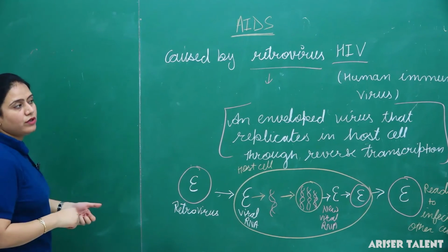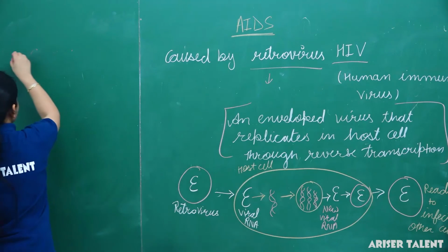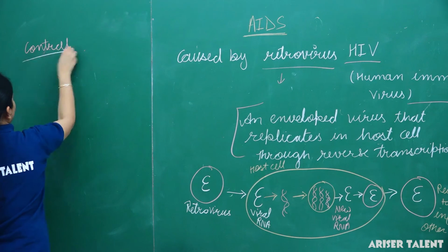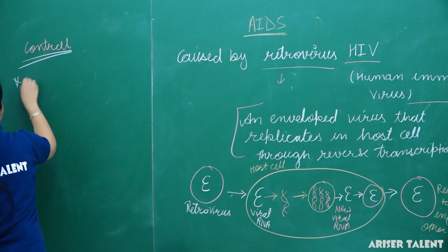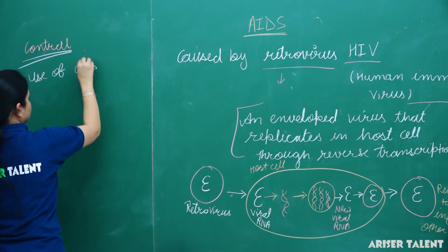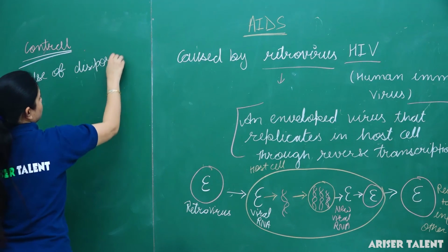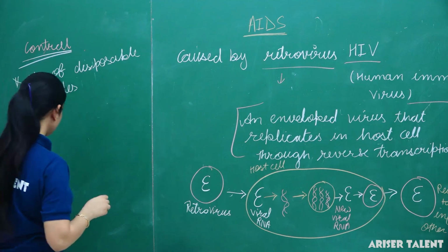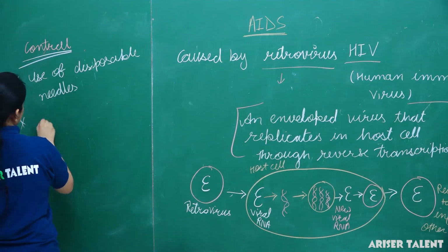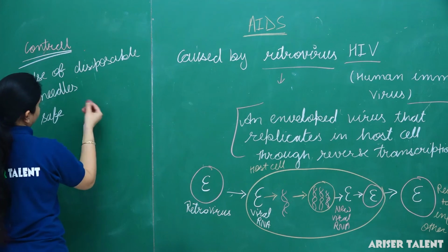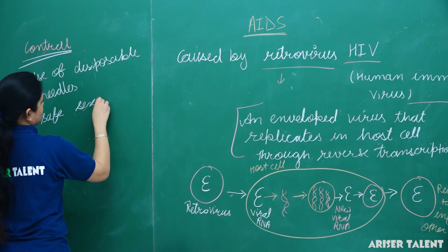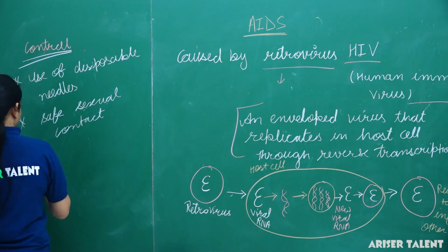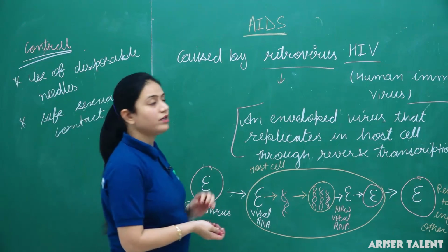If we want to control it, then a person should have safe or protected sexual contact and use disposable needles. So these are the things by which we can control the virus.